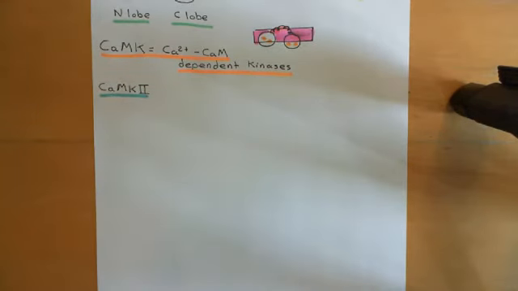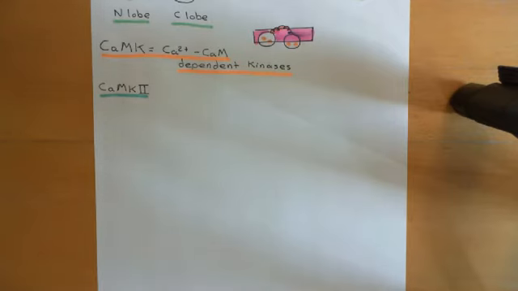It's worth saying that all of these enzymes are serine-threonine kinases. They can phosphorylate serine and threonine residues within proteins and therefore change the behavior of a huge number of proteins, and they are important effectors of calcium signals. So when you get calcium signals in the cytoplasm of cells, you're going to get calcium-calmodulin complexes being formed.